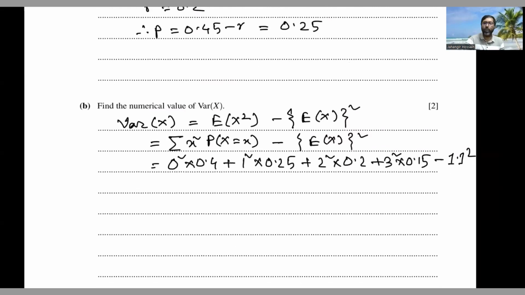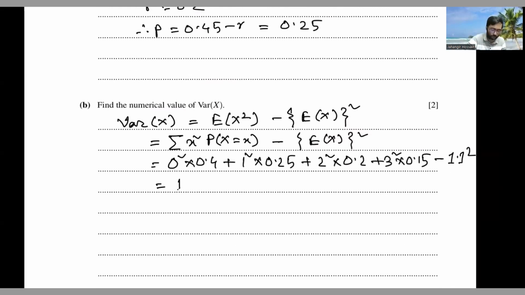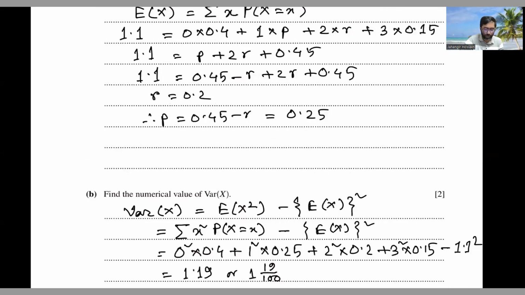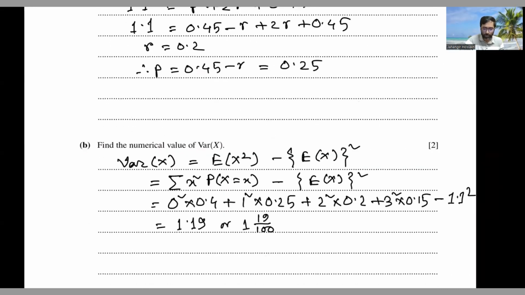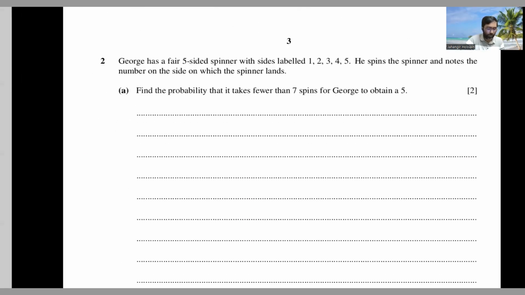We calculate this and it will be 1.19, and we can write it in fraction form as well, 119 over 100. That's the variance. So that's question 1. Now move on to question 2.